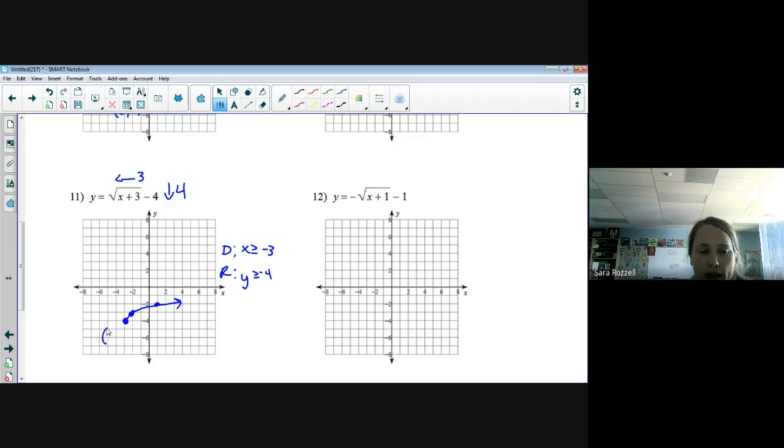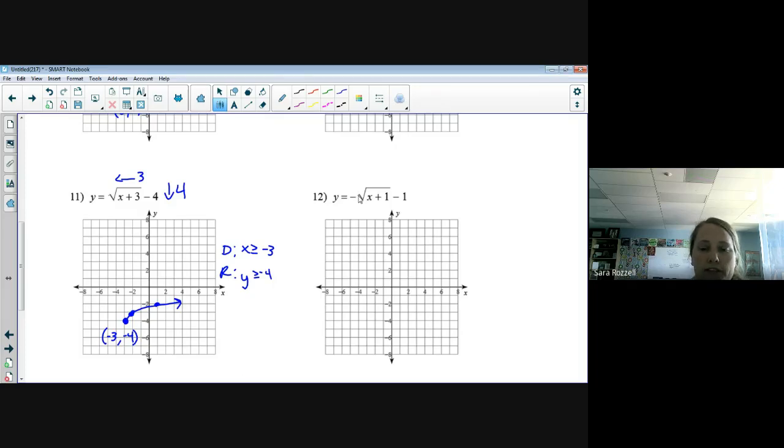This ordered pair was -3, -4. We see a connection between the graph and the domain and range, where those numbers come from.